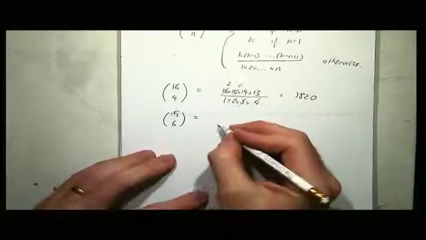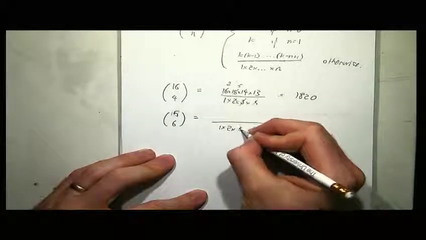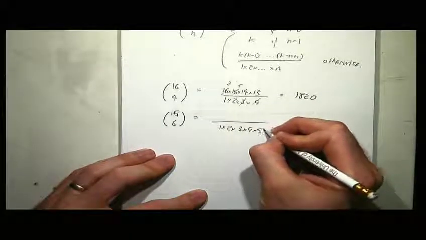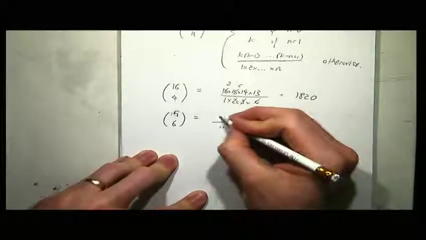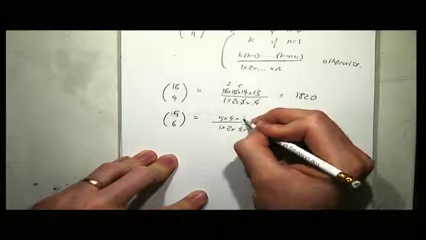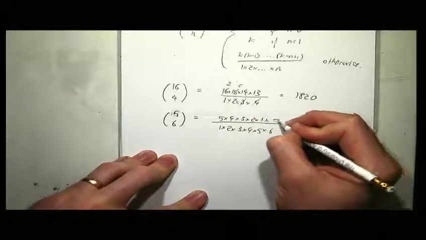Five choose 6. Alright, so on the bottom we'll have 1 times 2 times 3 times 4 times 5 times 6. You can put the 6 factorial if you like, but it just helps me focus when I do this. So on the top we'll have 5 times 4 times 3 times 2 times 1 times 0. Yay, the answer is 0.